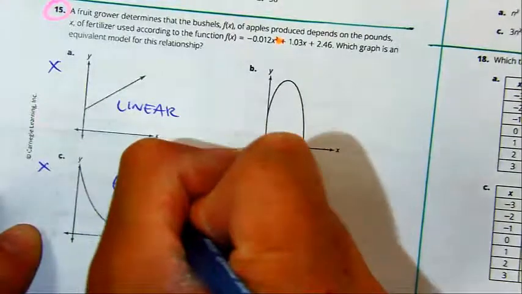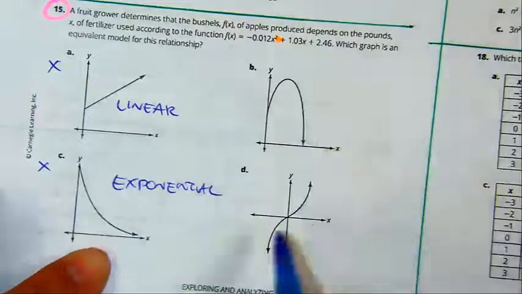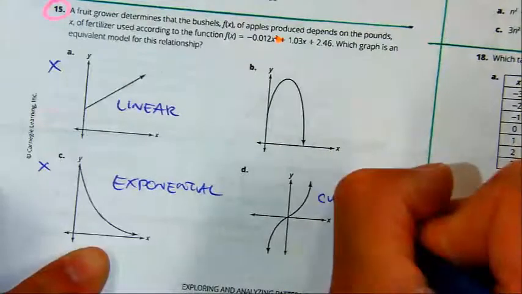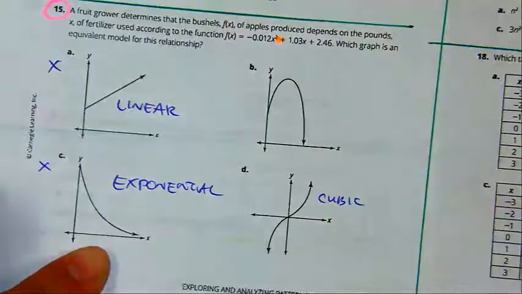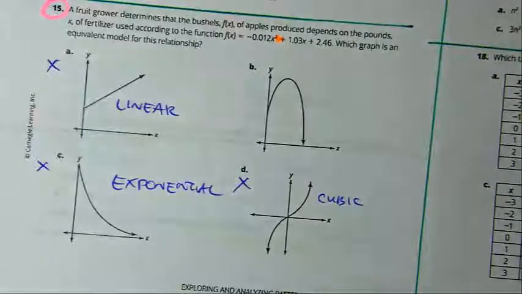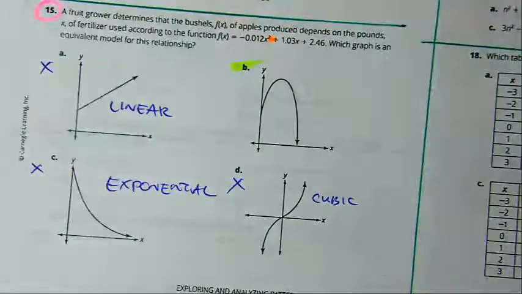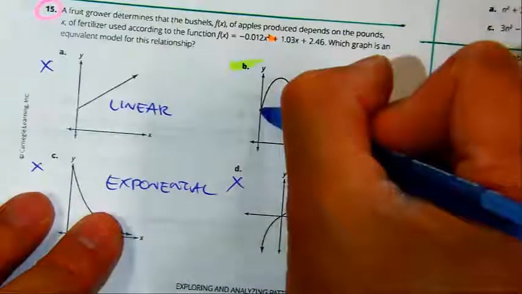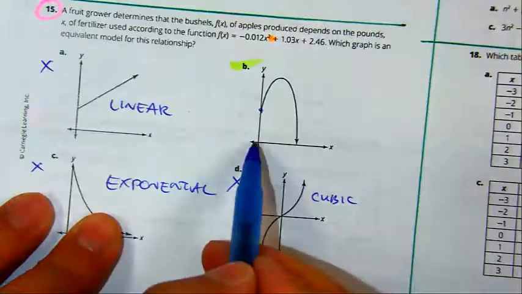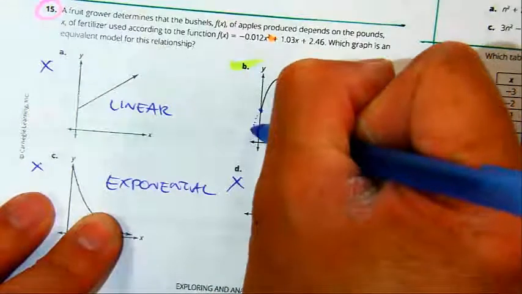Remember, it's a smooth curve. Is it this one? No, this one's called cubic. So the correct answer would be B. This is a parabola. And the parabola looks a little bit different because there's no second arrow, but essentially what they're doing in real life is that there is no negative amount of fertilizer you put in there. It's always positive. So this is a part of the parabola you don't see.